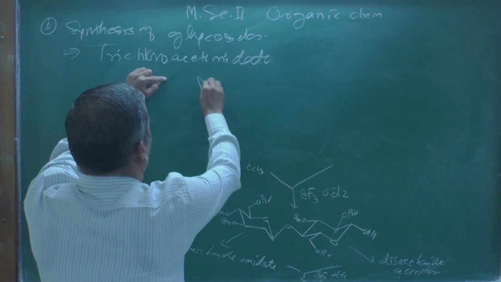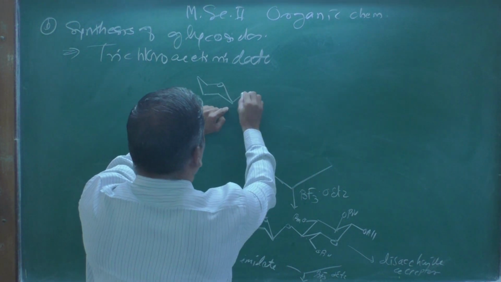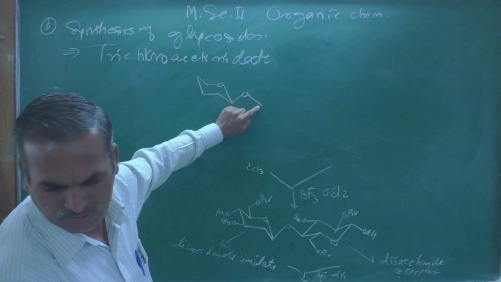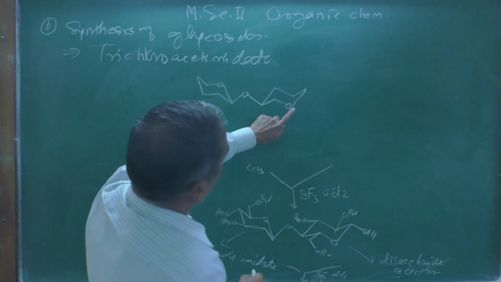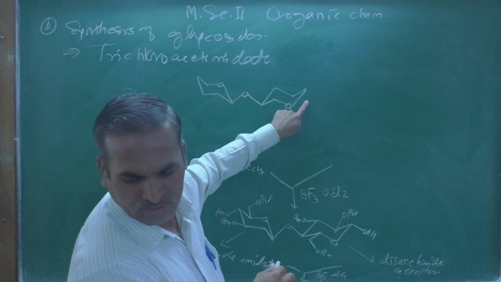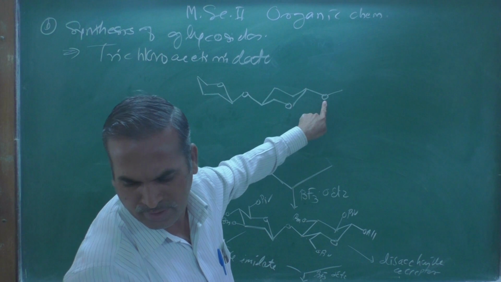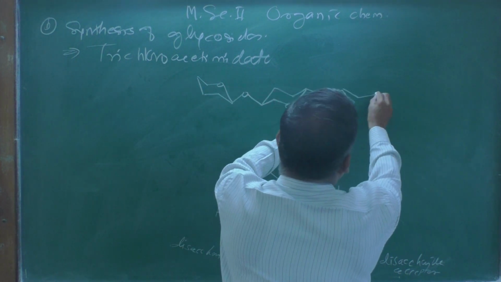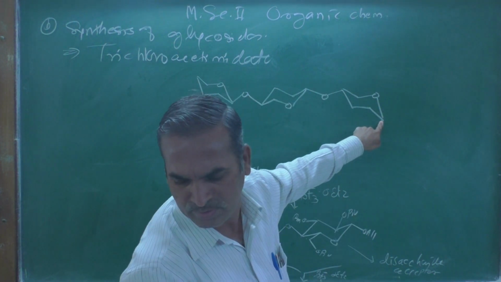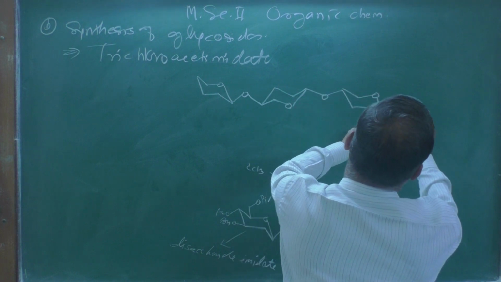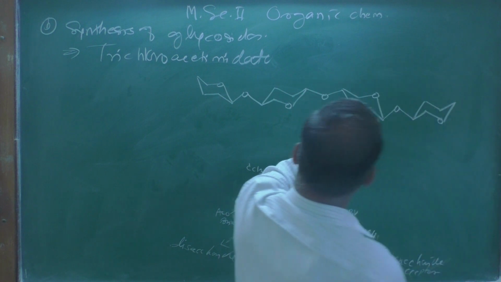After that, the structure we get is like this. Here we can draw one structure, then O, and then another structure like this, and again we can draw this structure once more.